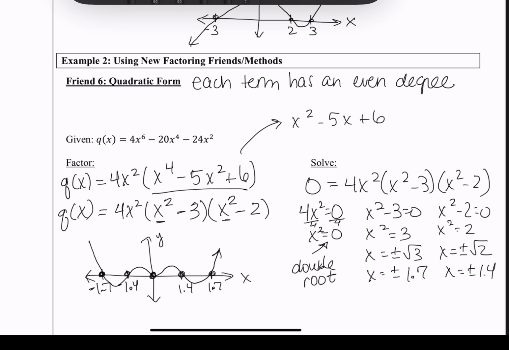What did I just do? That double root doesn't cross the x-axis. The double root touches it and turns back around. We call that being tangent. And we're going to review a lot more about that in upcoming lessons. So you got one new friend today, and I'll give you a couple more in the next video.